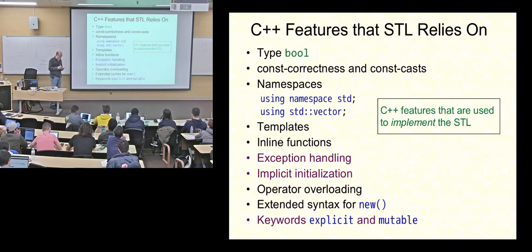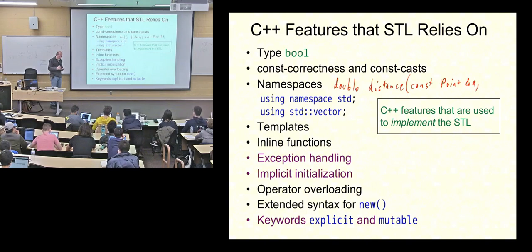Let's say I'm going to write a function, double distance, and I give it const Point reference A and const Point reference B. I write it, compute a Euclidean distance between A.x and A.y and so on, return the double, and compile it.